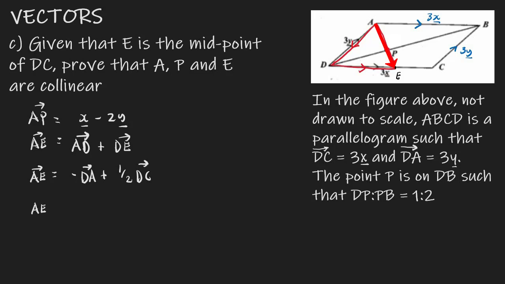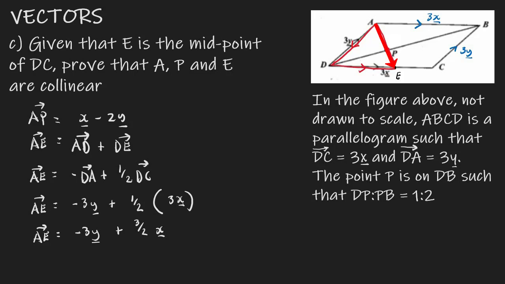Vector AE is equal to minus 3y plus half 3x. Vector AE is equal to minus 3y plus 3 on 2x.